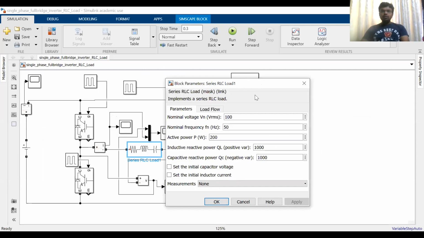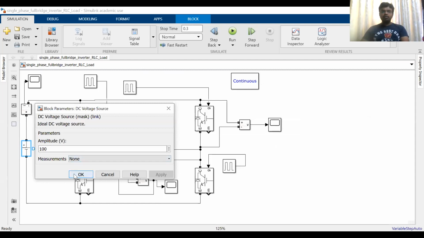So when you want to observe any waveform in single phase full bridge inverter, please take this RLC load, but not RLC branch. Right? My sincere advice. So here, what is the input voltage I have taken? 100 volts I have taken.